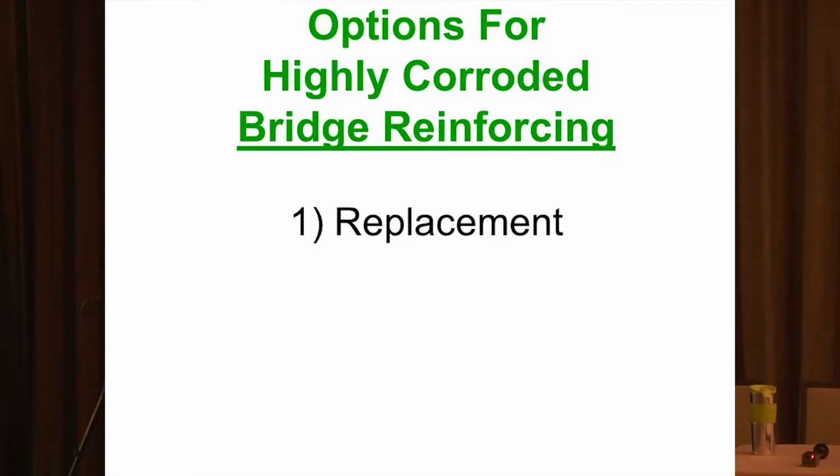So with this in mind, the main takeaway I'd like to suggest is that you now have some alternatives. When you have highly corroded reinforcing, you may be looking at replacement, and certainly that is the right way to go in a lot of instances, for the entire bridge or maybe components of it.